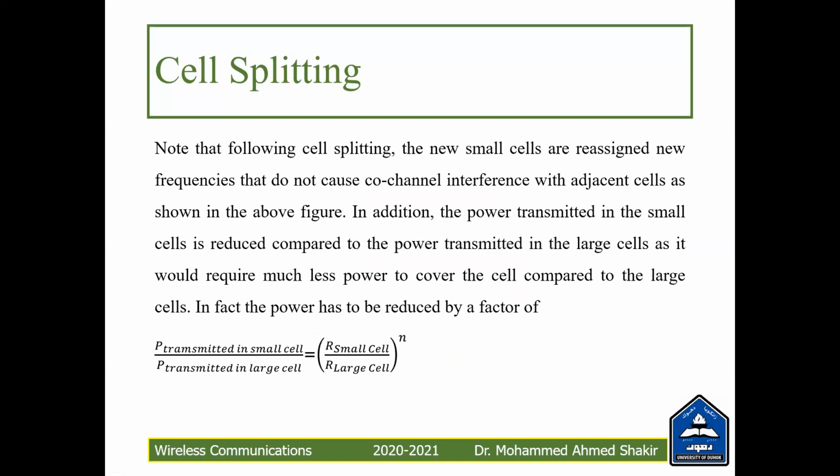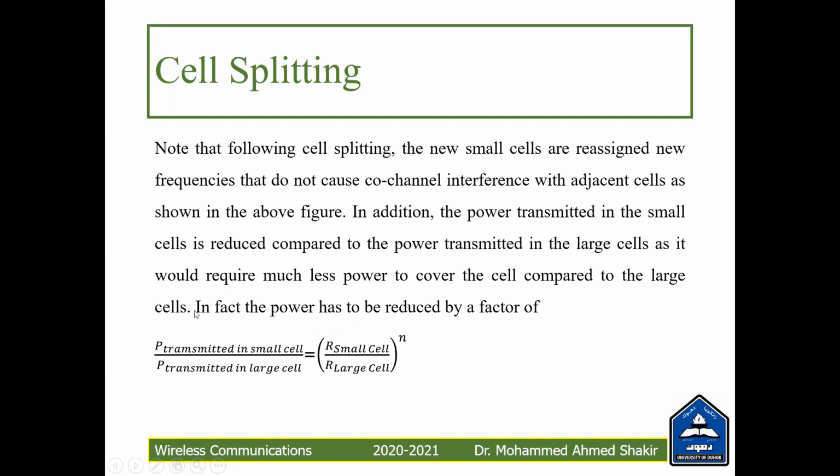Here we are going to discuss the amount of power transmitted by new cells that don't cause co-channel interference with adjacent cells, as shown in the above figure. In addition, the power transmitted in the small cells is reduced compared to the power transmitted in the larger cells, as it would require much less power to cover the cell.